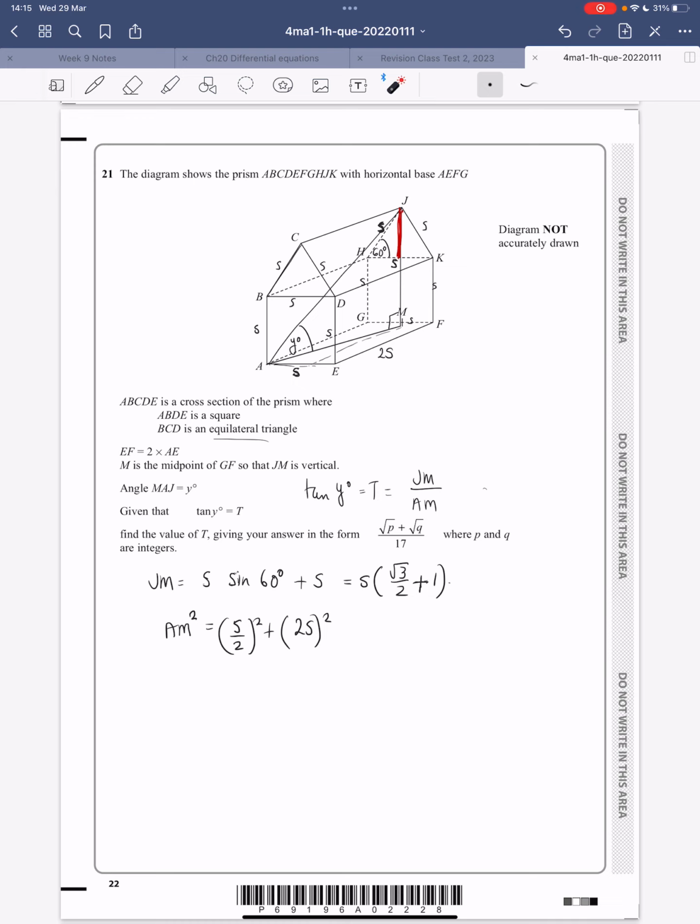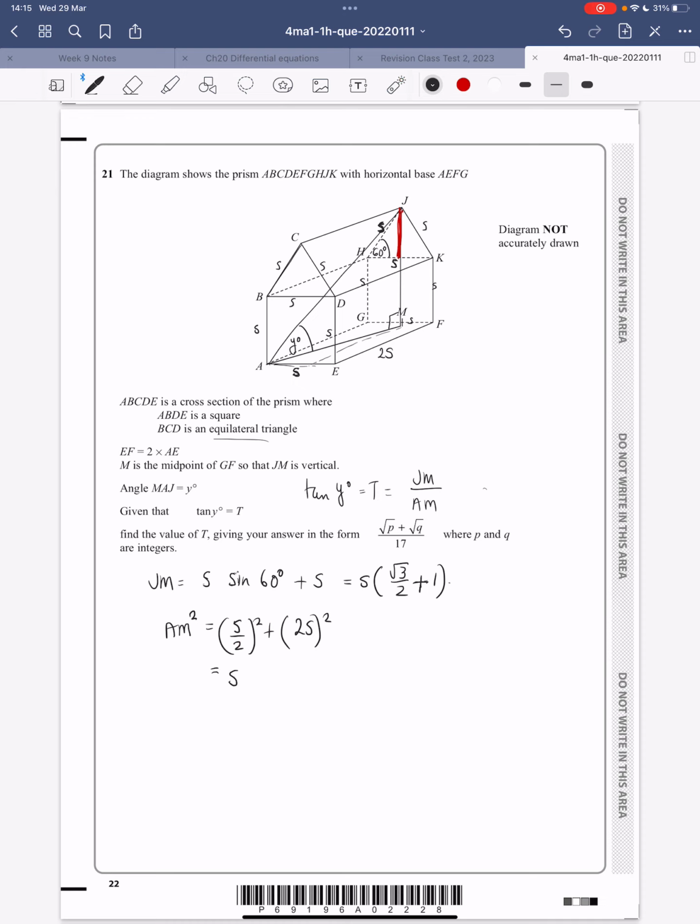And that's because AM here, that distance there, is the hypotenuse of this right angle triangle. So AM squared, and this length here is S over 2, because it's halfway, and this length here is 2S. So AM squared is S over 2 squared plus 2S squared.